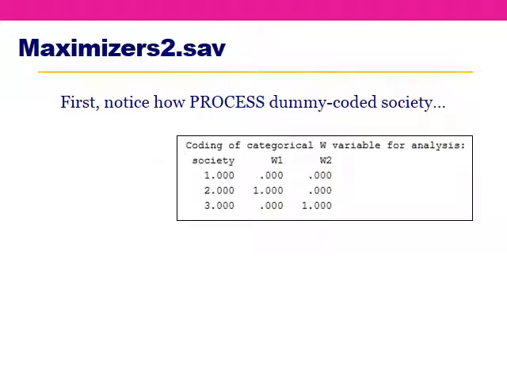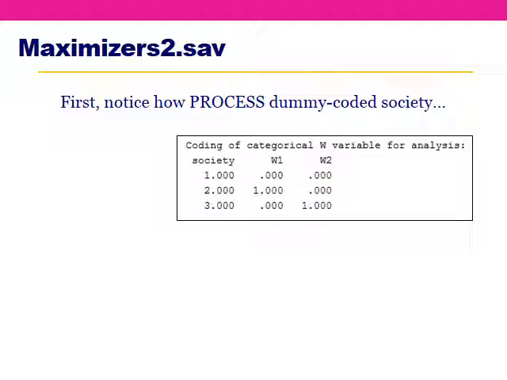All right, first, in our output, process gives us a little key that tells us how the variable was dummy coded. So what was originally coded as society 1 is now our control group. It has zeros for dummy variable 1 and dummy variable 2, and it shows us how society 2 and society 3 are coded.